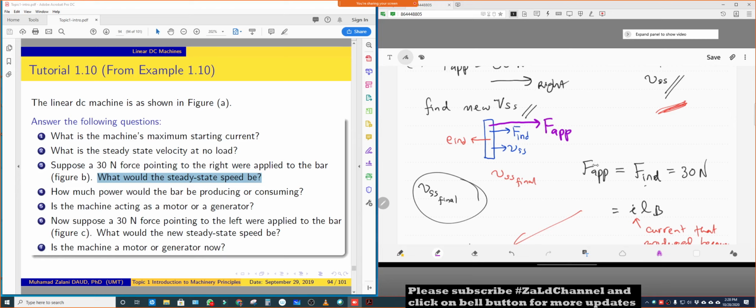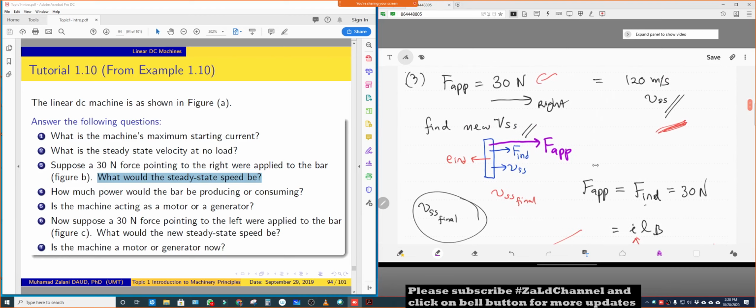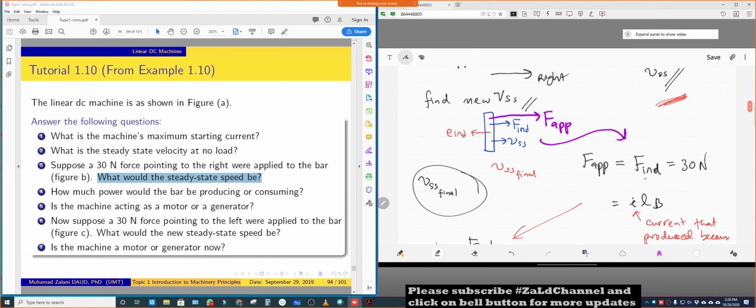We call it F applied. Okay, we apply force toward the right direction. So we want to find the new steady state speed. So this bar will achieve a new steady state speed once we apply the applied force.